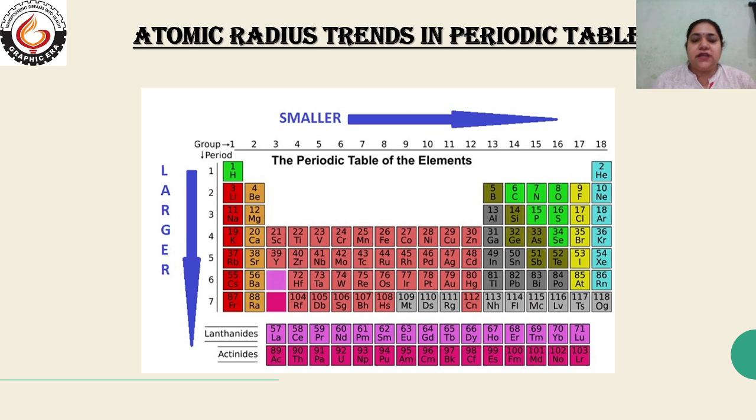It decreases in a period because the number of shells remains the same, but the number of positive charges in the nucleus and the number of negative charges in the orbitals increase, which creates a more attractive force, which results in a shrinkage in the size of the atom. Clear? So this is the trend for the atomic radius.